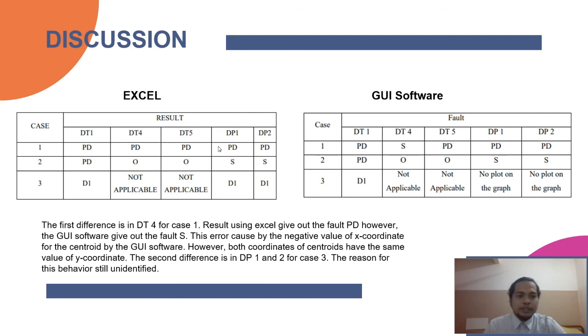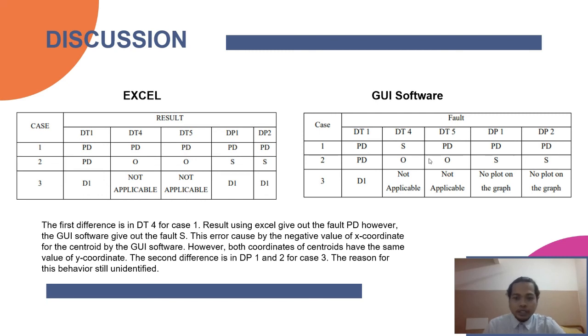Here is the table of faults identified using Excel, and the faults identified using the GUI software for DUVAL triangle and DUVAL Pentagon. We can see there are 2 main differences between these 2 results.